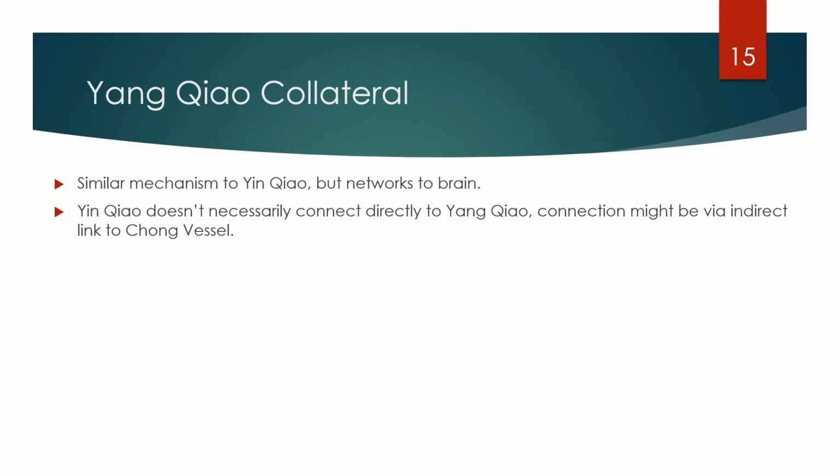Now, in my opinion, maybe the way that we can think of the connection between them is via the Chong Vessel, which seems to be conduiting Wei Qi up to the brain and then down also into the abdomen from the stomach, which we touched upon earlier, or not.